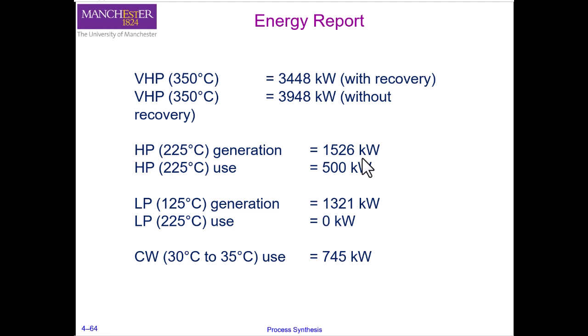So we are generating far more HP steam than we have to use. So consequently, that extra generation more than meets our HP steam use, and we can use that 500 kilowatt to reduce our very high pressure steam use from our boilers.